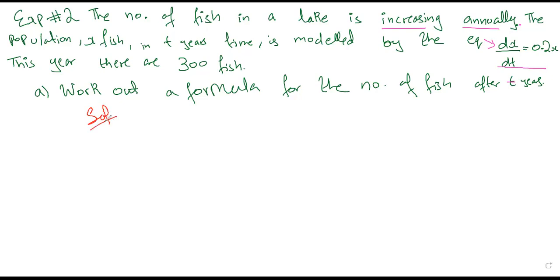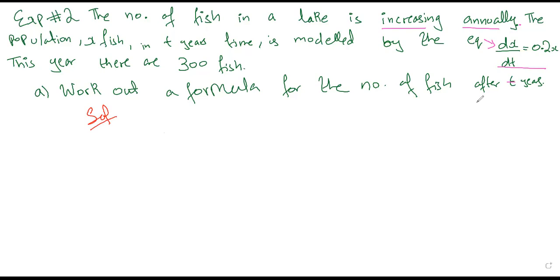Here, Anjali, in differential equations, the questions would be very simple. Either they will ask you to make the differential equation or they will ask you to find the solution. But obviously, the statement would not be that straightforward. Now, this statement is not asking you to solve the differential equation. In fact, the statement is: work out a formula for the number of fish after T years.